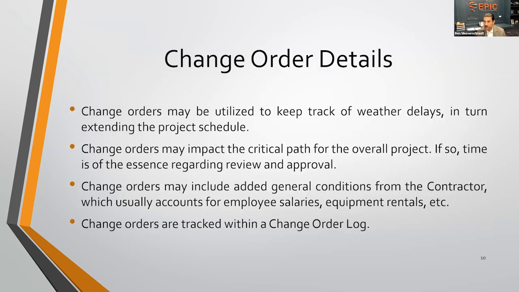One thing we tend to see on larger scale projects is that you can utilize change orders to keep track of weather delays. Let's say you'll have change order number 1, it could be change order 1.1, and then 1.2, 1.3, 1.4, 1.5, or A, B, C, and D, however it may come up. But especially getting into the rainy season that we have here in sometimes sunny South Florida, it's a very good tool to know where it stands, especially when you have those liquidated damages.